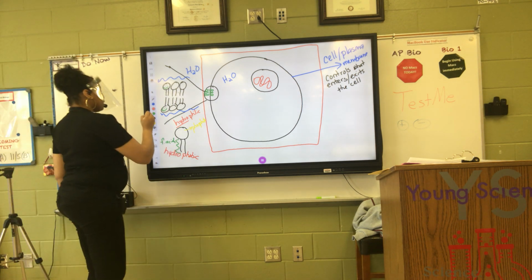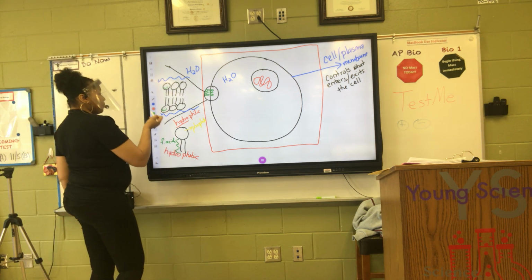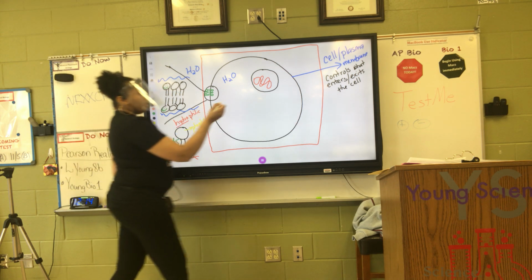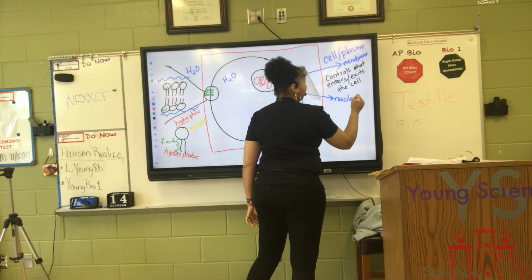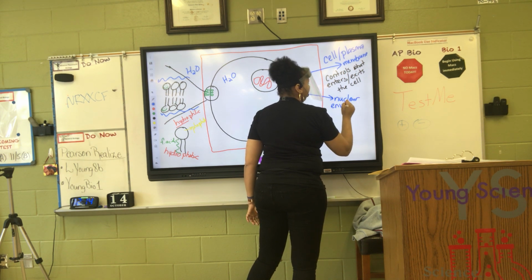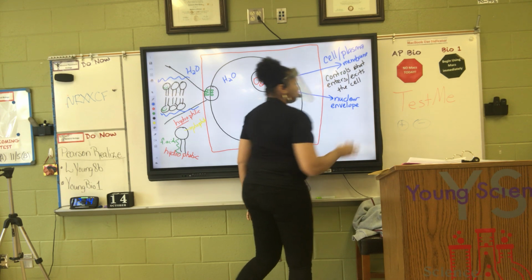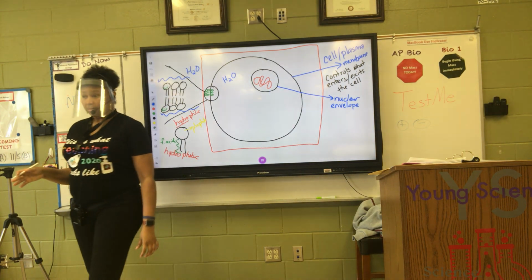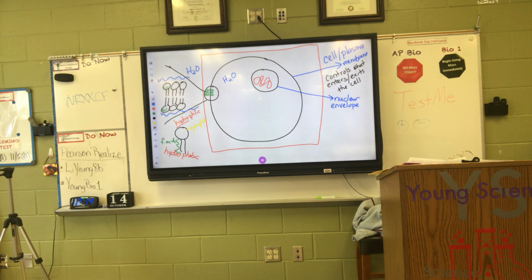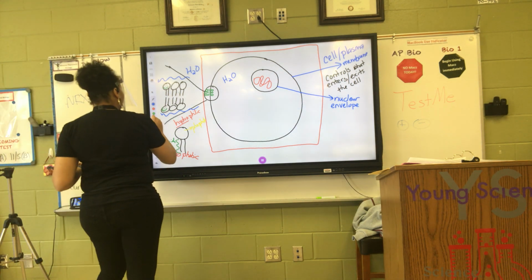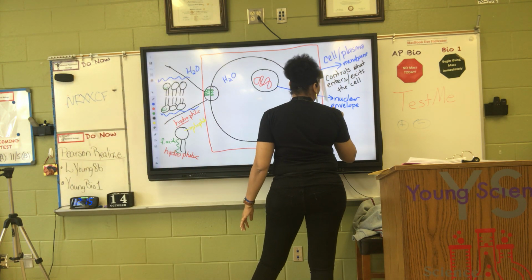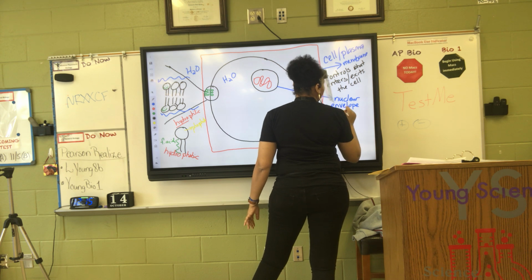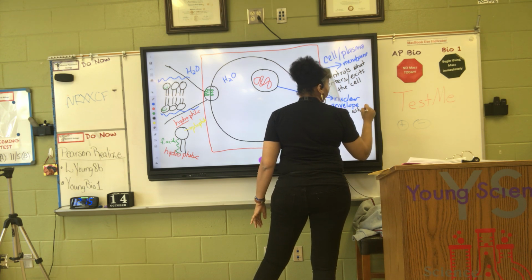This membrane that's around the nucleus has a name, and it's called the nuclear envelope or the nuclear membrane. Now, its job is to control what goes in and out of the nucleus. Okay? So the cell membrane controls what goes in and out of the cell, and the nuclear envelope or nuclear membrane controls what goes in and out of the nucleus.